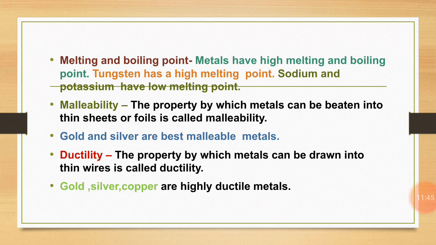Some examples of highly ductile metals are gold, silver, copper and iron. So we have learned what ductility is: the property by which metals can be drawn into wires.